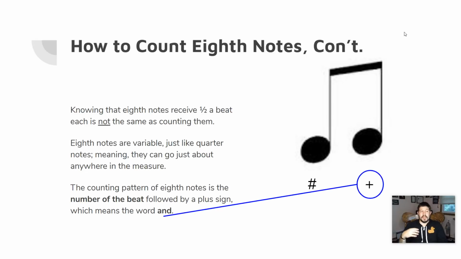Once again, the number of the beat followed by a plus sign, and the plus sign means the word "and." We use a plus sign so we don't have to write out the word "and" underneath everything. It's a lot easier to draw a plus sign than to write the word "and" each time we're writing down our counting. So we're using a symbol to represent a word. Okay?